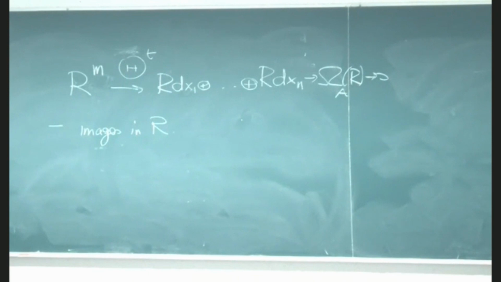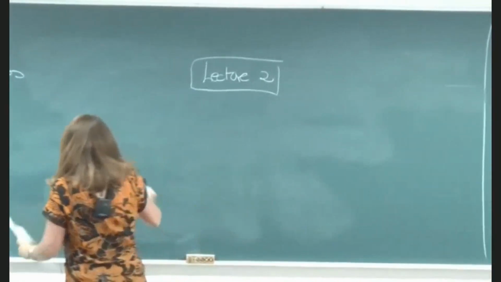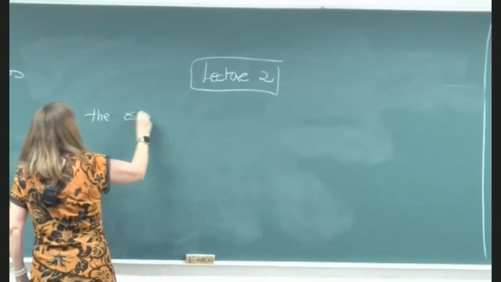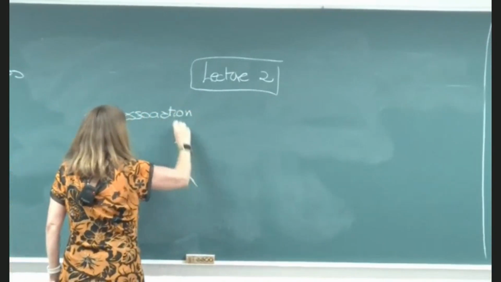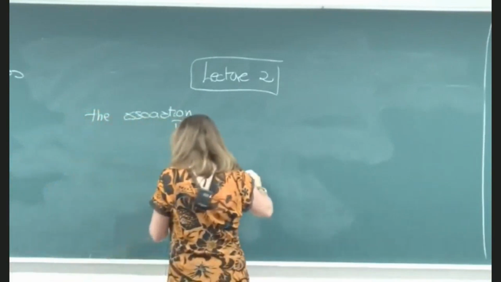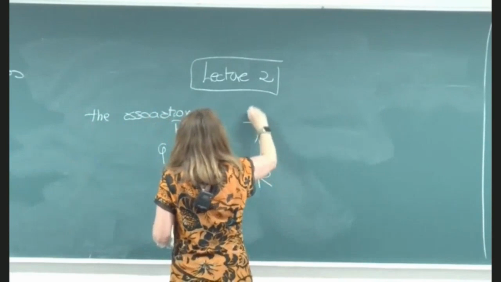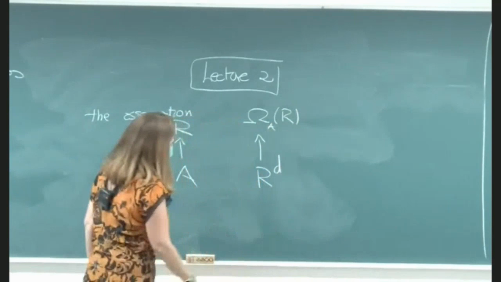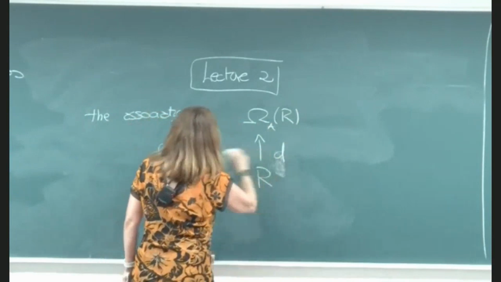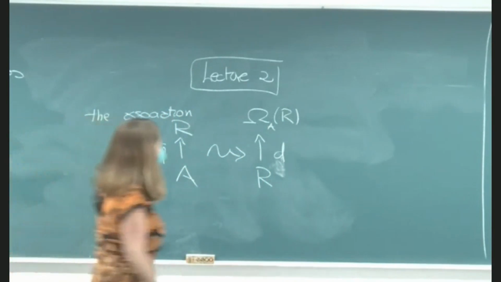The first thing I want to show you is what we talked about last time a little bit: the association, you see A goes to R, which is phi, and then from R you go to the module of differentials with D, the universal derivation. This association that you can always do when you have R as an A-algebra is actually functorial.